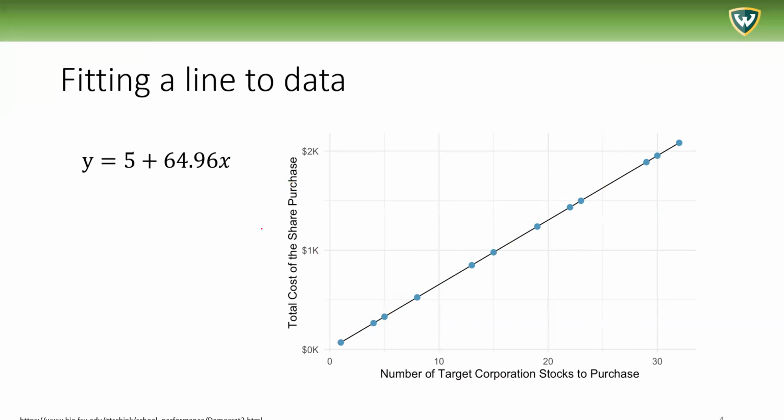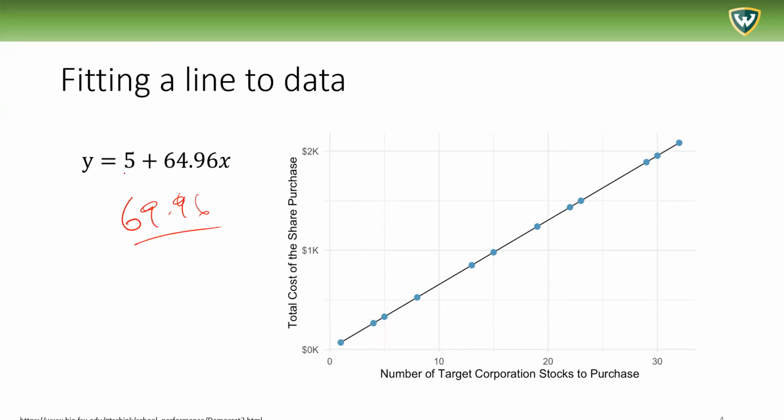Why is that? Well, because each stock costs $64.96 plus a base rate of 5. So every time, let's say you buy one stock, it's going to be $64.96 plus 5, and that is going to be $69.96.